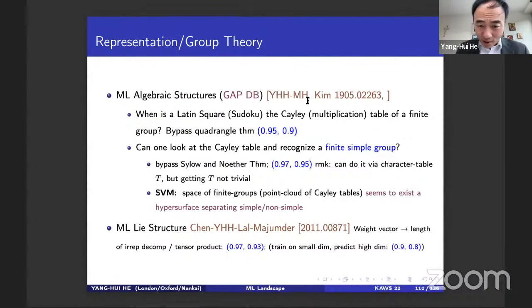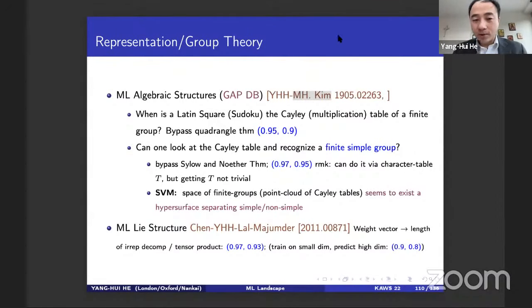So with Min-Young Kim, who's a very big name in number theory, he suggested this problem to me. Take this crazy problem, right? We all know what a Latin square is, right? This is 1 to n. It's an n by n matrix, and you want to know repeats of rows and columns.